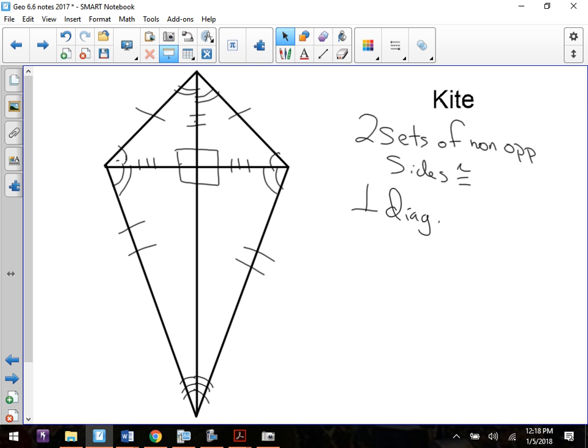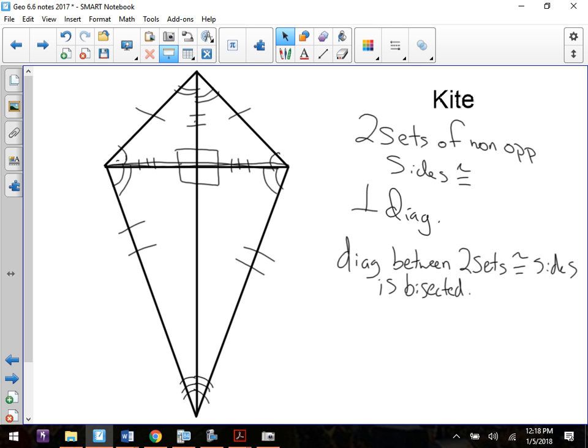Okay. So I think the easiest way to list it out is: the diagonal between the two sets of congruent sides is bisected. That's this guy here between the two sides.